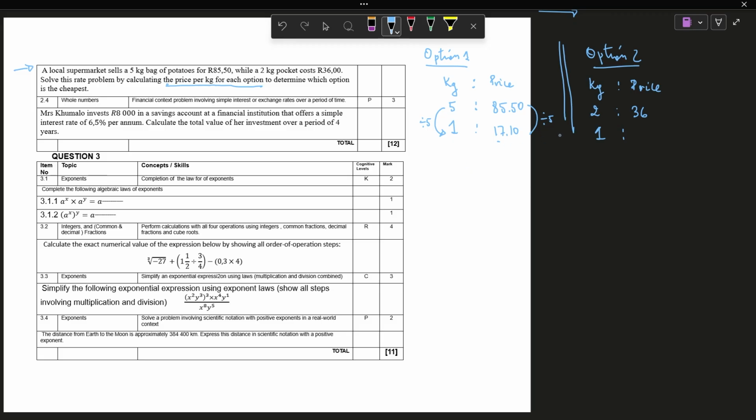So how do I find it? What happened from 2 to 1 basically is division by 2. Okay, so you have to divide by 2. So let's just do this.